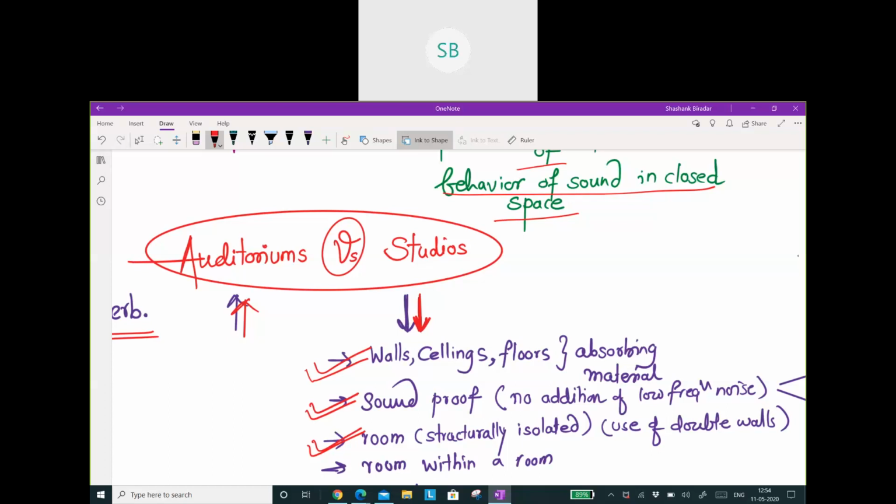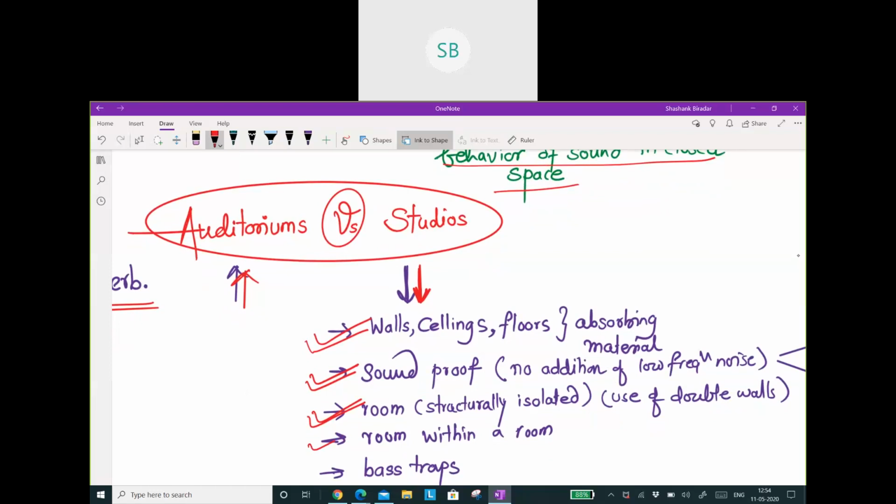Okay, so in order to block them, there is another concept which is called room within a room. So why is room within a room needed? The low frequency sound and vibration can pass through the solid structure more easily as compared to the high frequency sound. So in order to block them effectively, we are introducing the concept of room within a room.